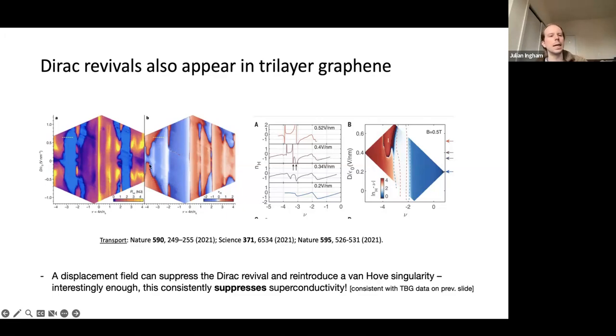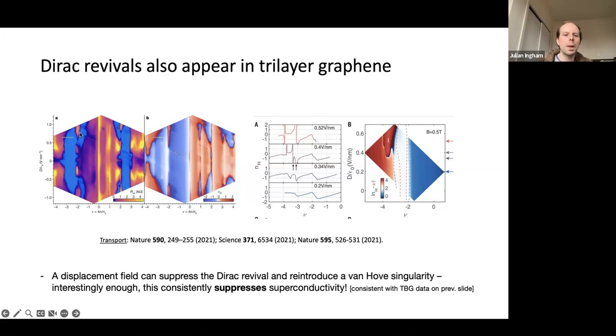And interestingly, as soon as the revivals or resets are suppressed and replaced with a Van Hove singularity, superconducting TC drops to 0. And when the revivals or resets appear, the superconducting state appears once again.